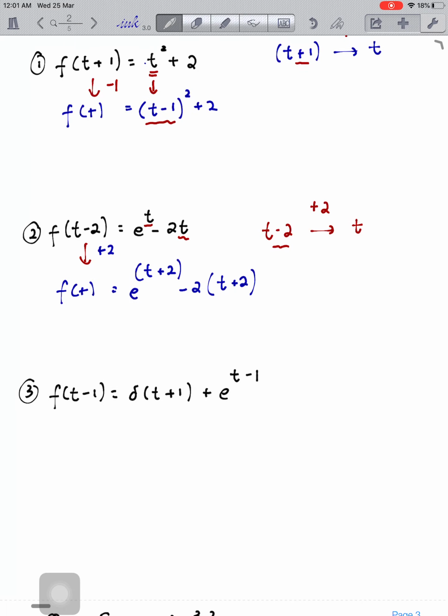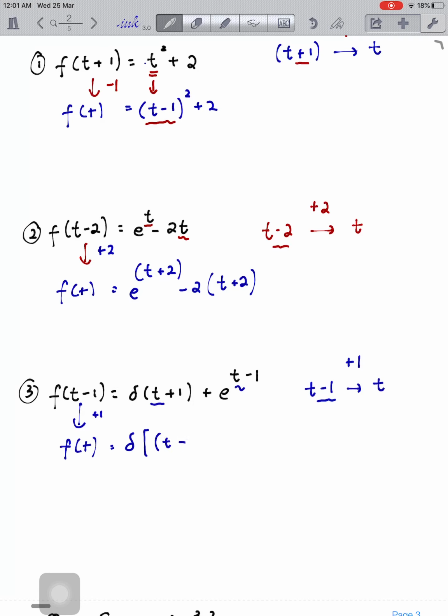Okay, so the last one. I'm going to be converting this to f of t as well. So I have t minus 1, and I'm going to be converting this to t again. So to get rid of negative 1, I have to add 1. Let me highlight all the places for the t's. So therefore my function is going to be delta. Put a bracket around the t, so it's going to be plus 1 for this case.